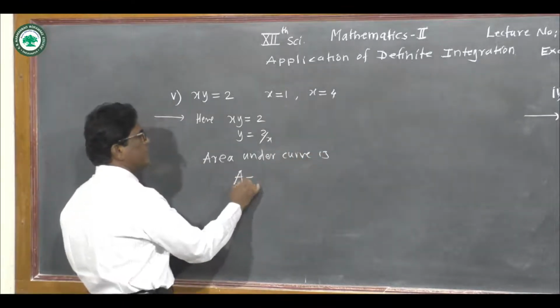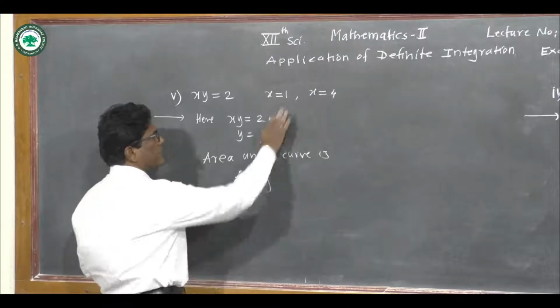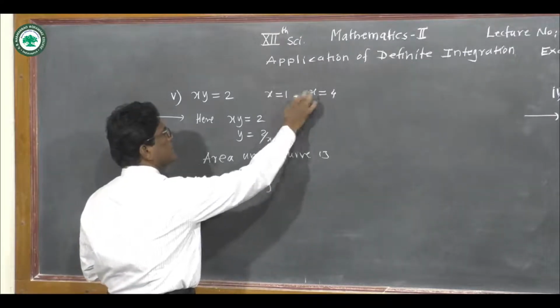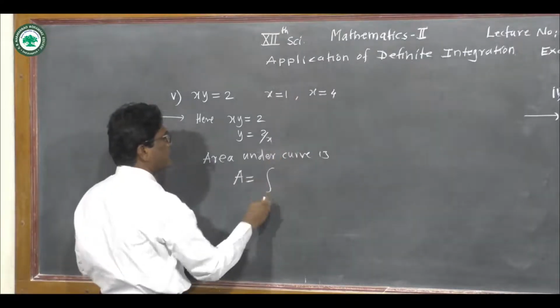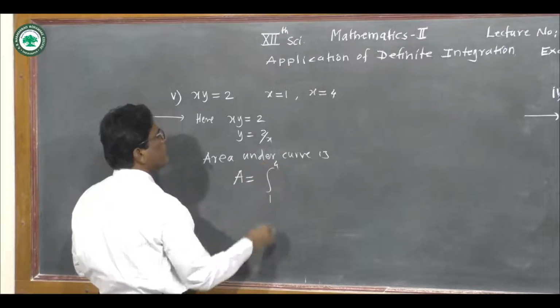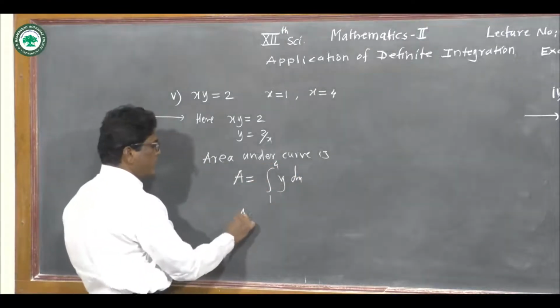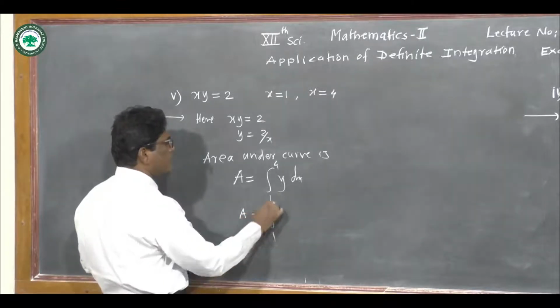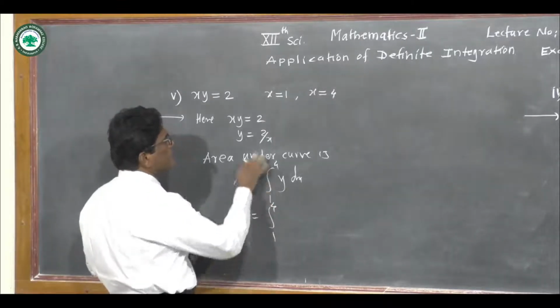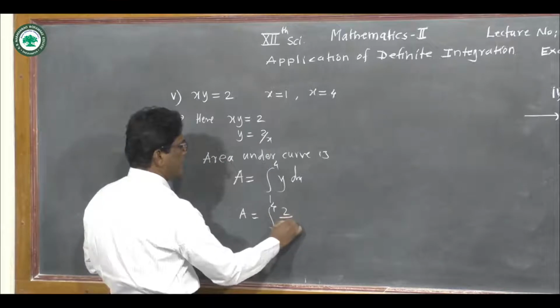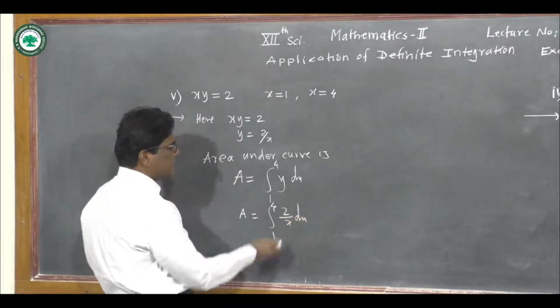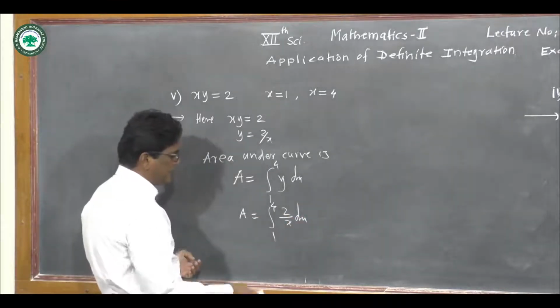A is equal to the definite integral from 1 to 4, the values of x as 1 and 4. So lower limit 1, upper limit 4, dx and here y, so y dx. So A is equal to integration from 1 to 4 of 2 upon x dx. Now take this 2 outside the integral.